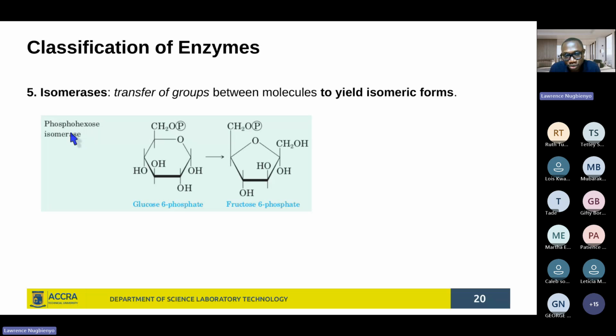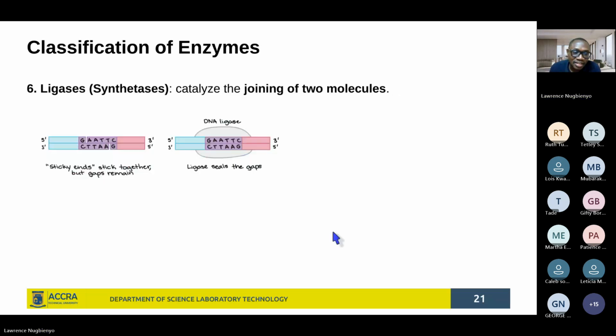That's a phosphohexose. Now we can go to the last class referred to as ligases or synthetases.